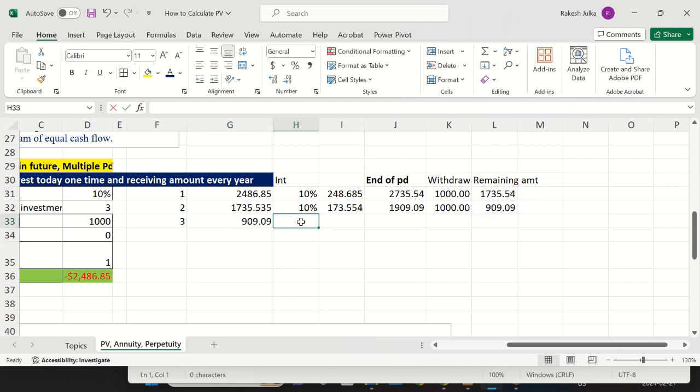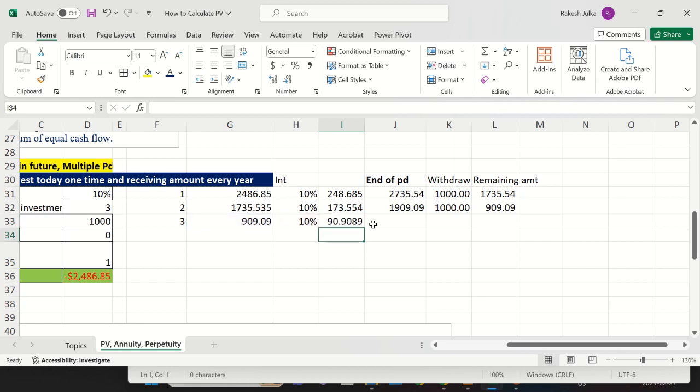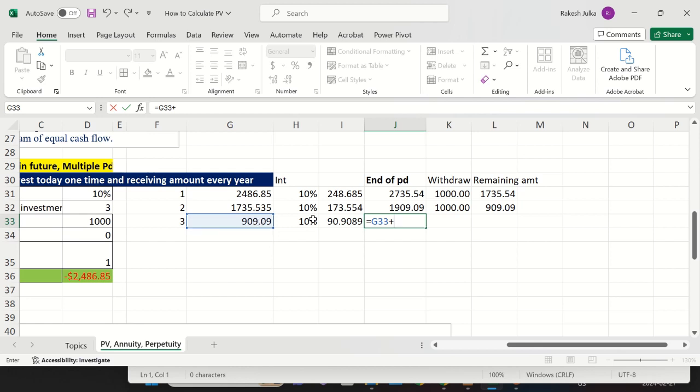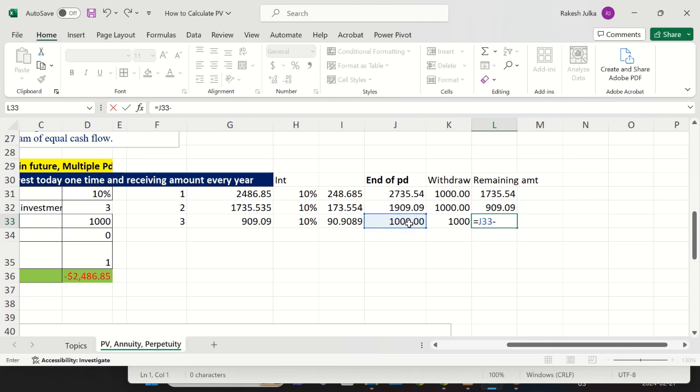The 10% rate of interest we know, and here we find that this amount times 10% earning will be there during the period. If you make a total of this principal plus interest, this will be $1,000. So here the $1,000 that we are going to withdraw at the end of the period, right? So 1,000 minus 1,000, there will be zero money.